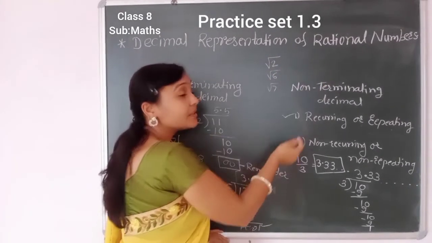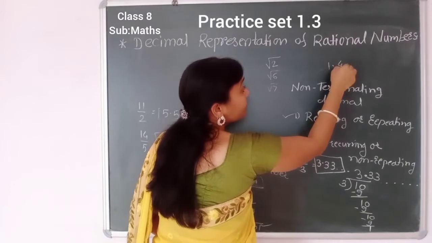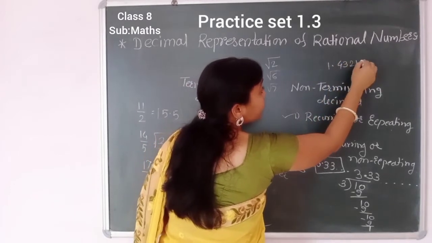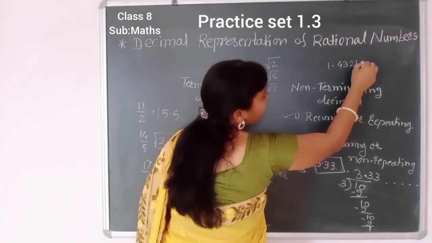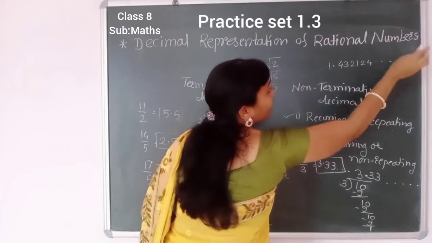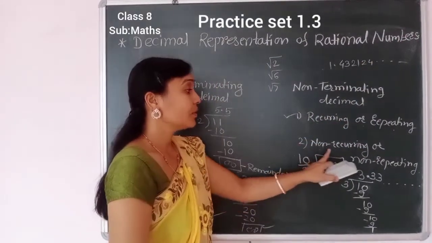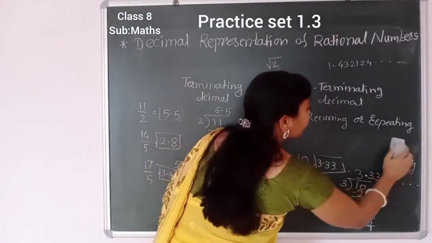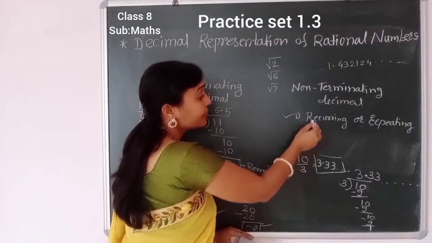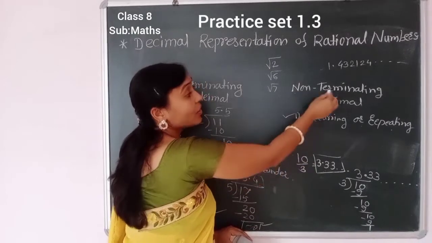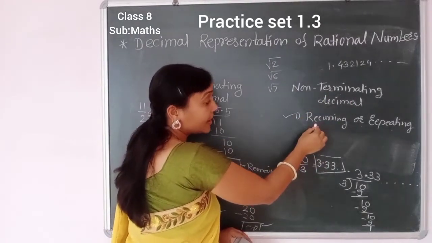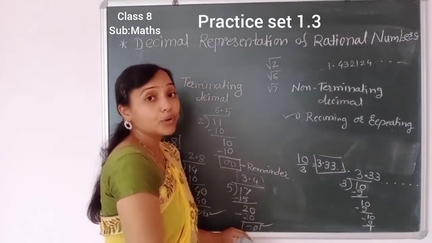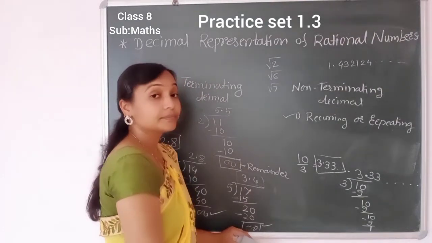Its answer will be 1 point something, with no repeating sequence of numbers, going on. So it is non-recurring or non-repeating. We see it in the next exercise. So this number is called the non-terminating and recurring decimal form of a rational number.